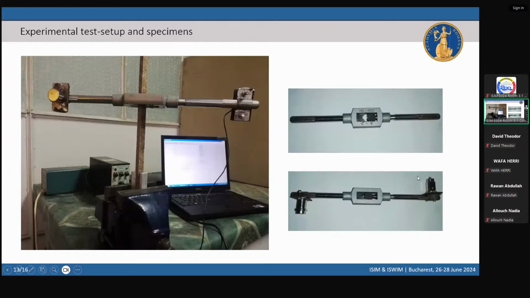This is the experimental setup, and you see the details.